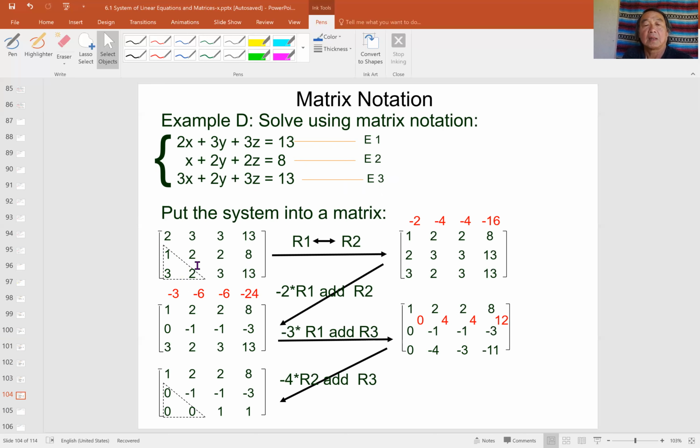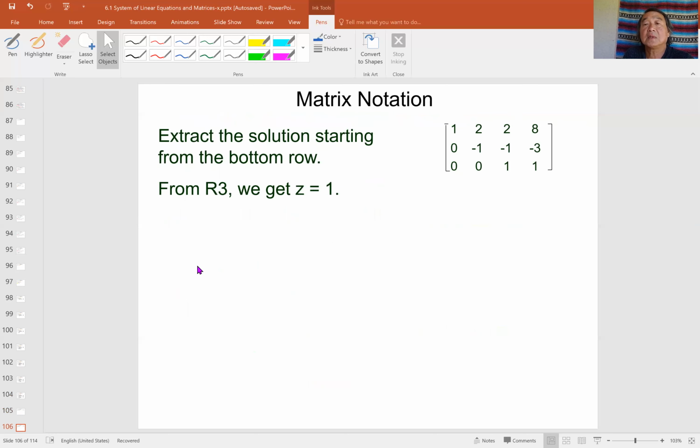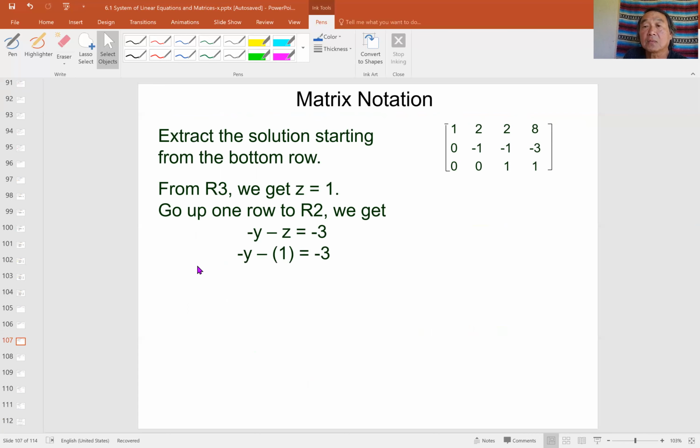And what is that? Well, now it's easy for me to go back to get the answer. How? I start from the bottom row. The bottom row says z is 1. That's exactly what it says: that's column z, so 1z is 1, so z is 1. Put the number 1 back into the second row, the one on top, and then I can take out the y.